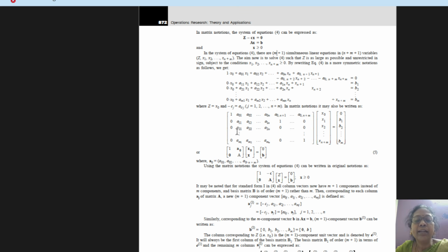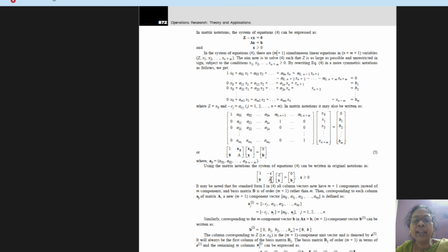And in simplest form, that is nothing but 1, a0, 0, and capital A as a 2 by 2 block matrix, and the decision variables are represented in the column vector, that is x0 and x, and the solutions are represented again in a column matrix, that is 0 and b.